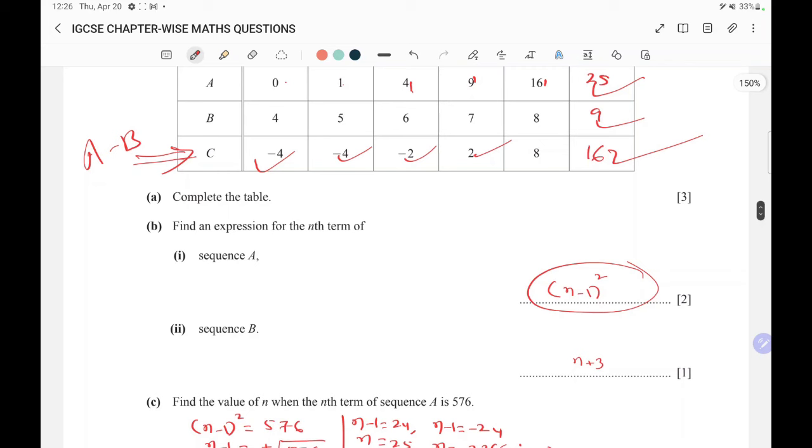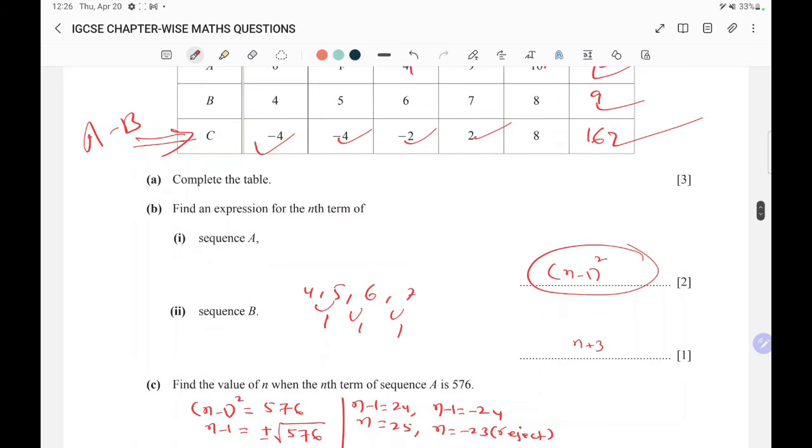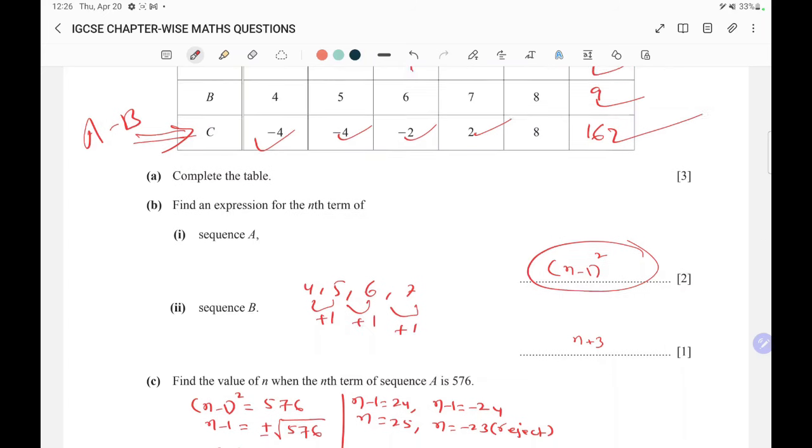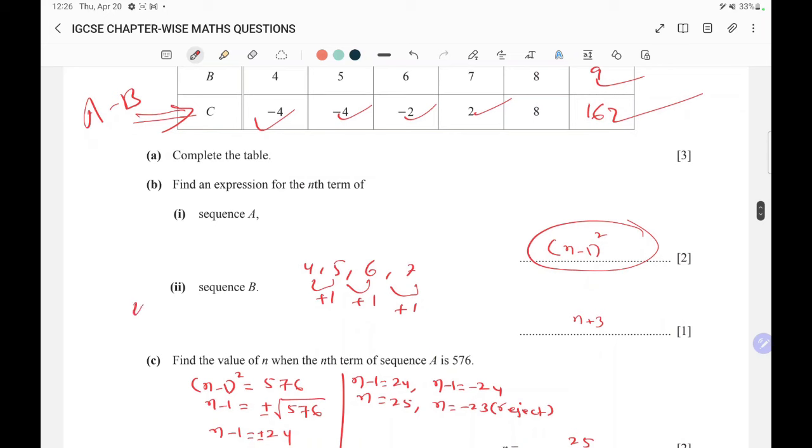Let me explain the B part here. This is 4, 5, 6, 7, so the difference is 1, 1, 1. So the difference is 1, right? Plus 1, plus 1, plus 1. You know that the nth term can be written as the difference times n plus k, like 1 times n plus k.